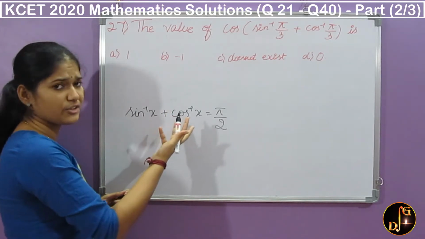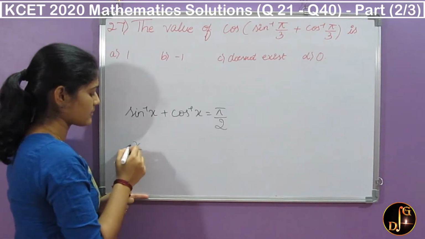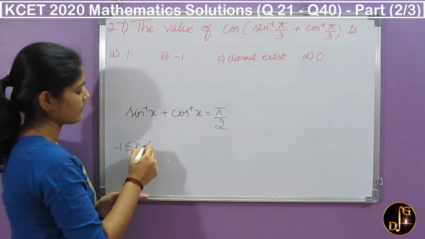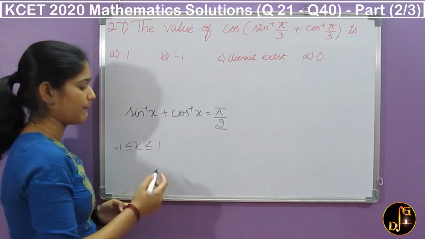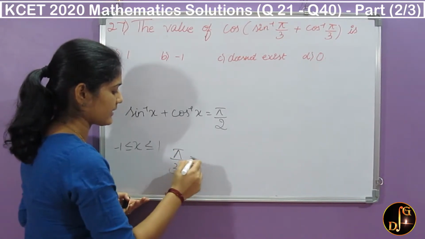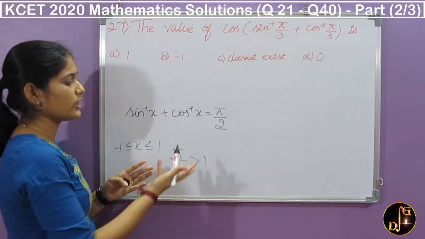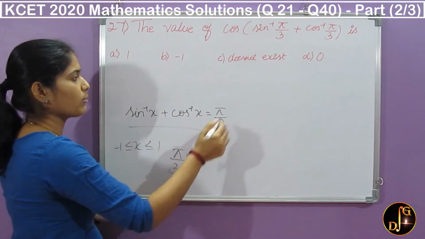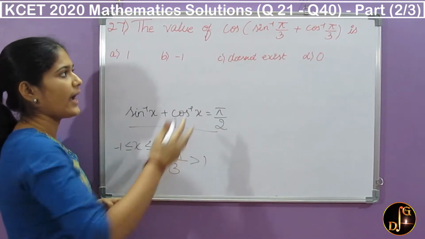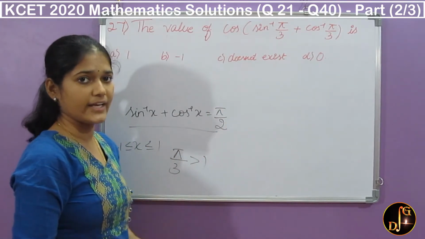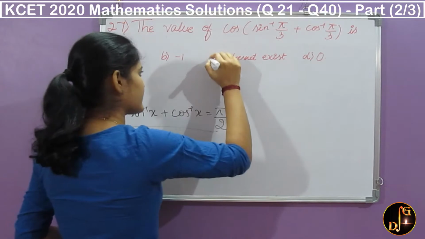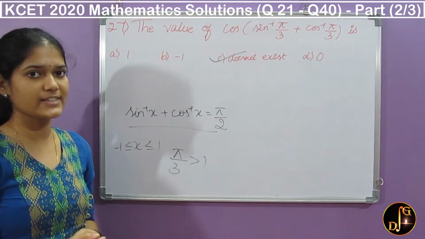There is a condition for x, that is x must lie between -1 to 1. What is pi by 3? Pi by 3 is greater than 1, right? So here we cannot apply this formula for that. And sin inverse pi by 3 and cos inverse pi by 3 don't even exist. So the answer is option C, that is does not exist.